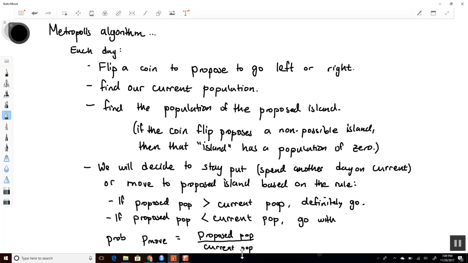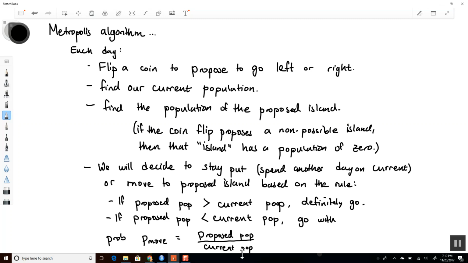Okay, so if you were given these instructions, you could follow them. Well, I'm not going to try to prove that this works, but if we follow these rules, then in the Markov chain, all of the islands that we visit, we will visit relative to their actual populations.